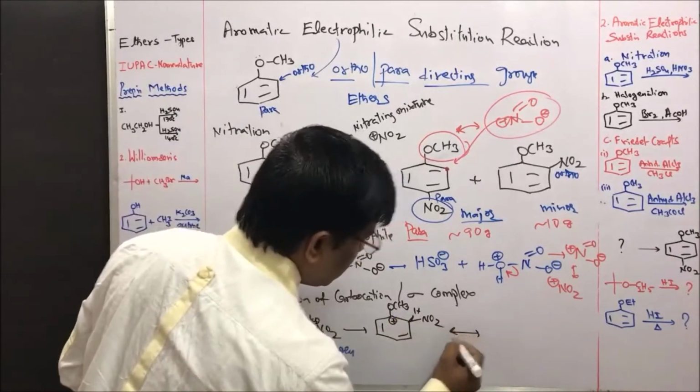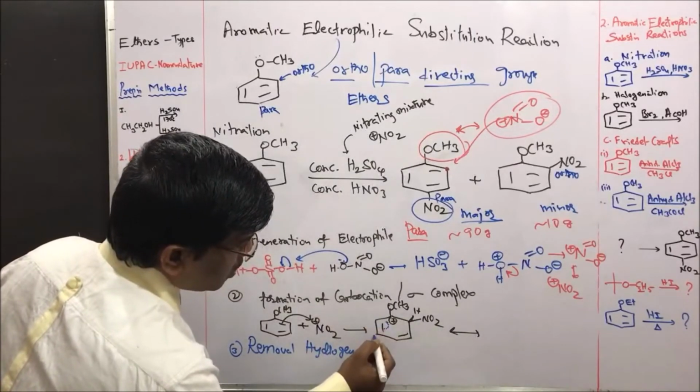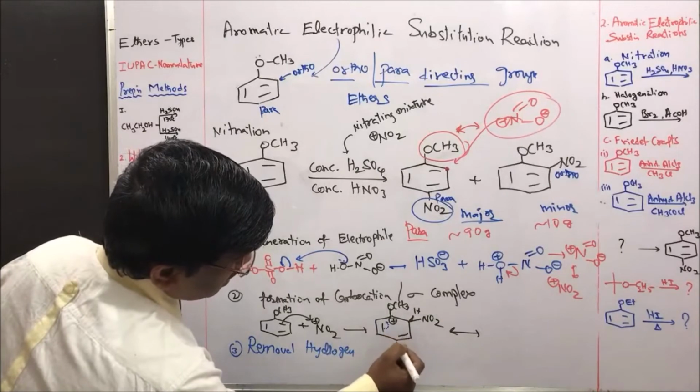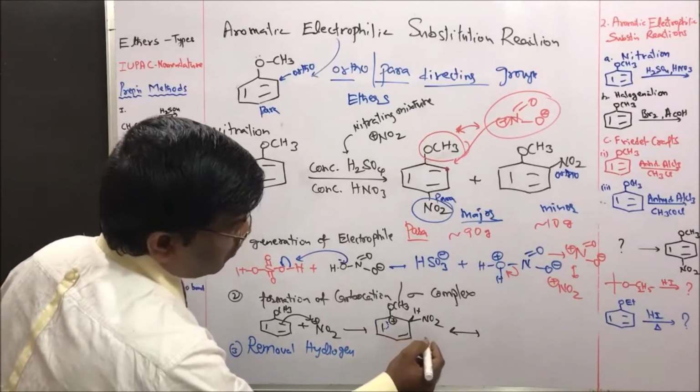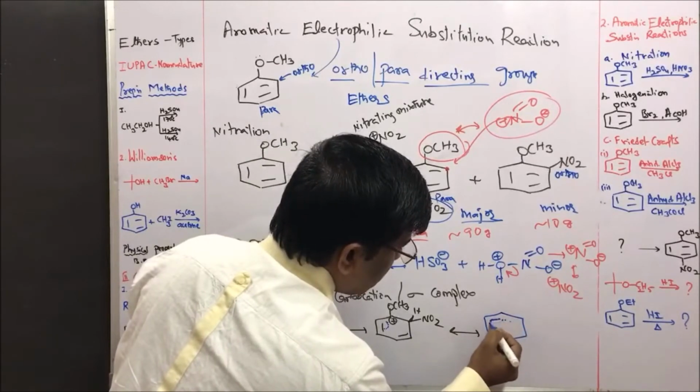In these resonance structures, if I go on, the positive charge goes out here, forms here, forms here, and then comes here. So the overall sigma complex, I can write like this.